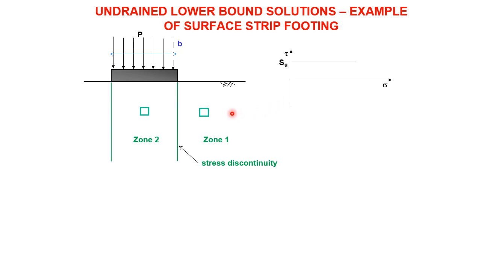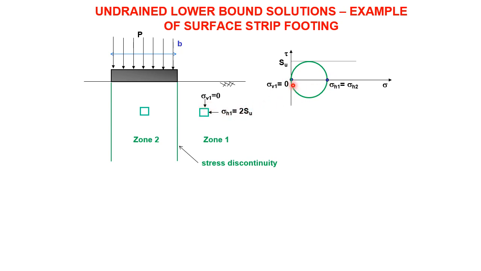We don't mind. So what could the stresses legally be? Well, in zone 1, we know, because the soil is weightless, that the vertical stress is going to be 0. So put a data point there, vertical stress in zone 1 is 0. I want to maximize this solution, so what is the maximum horizontal stress I could have? Well, the maximum horizontal stress I could have is if that Mohr circle just touches the failure envelope, undrained shear strength SU, and so that would mean the horizontal stress would be 2SU.